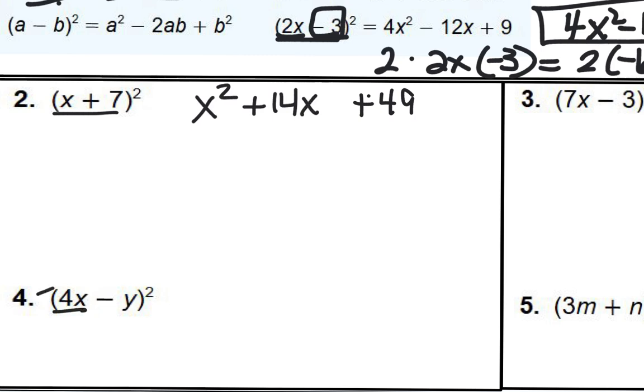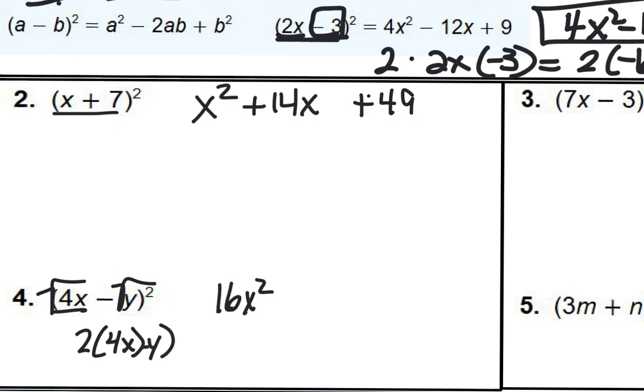Okay. Square the first one, square the last one, and then 2 times 4x times negative y. So it'd be 16x squared. My last one would be negative y squared, so it'd be plus y squared.